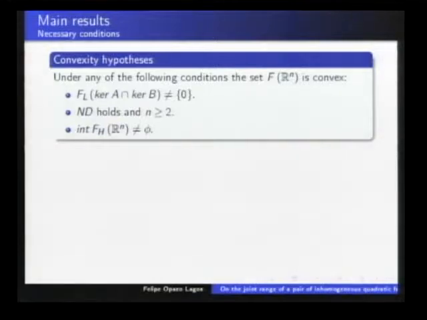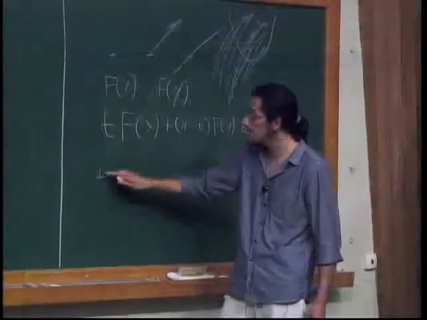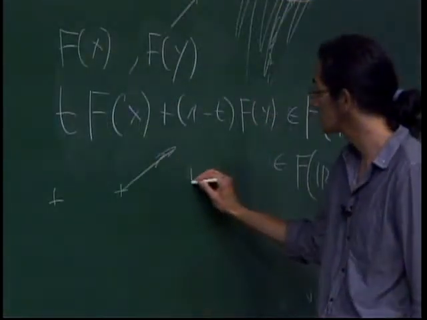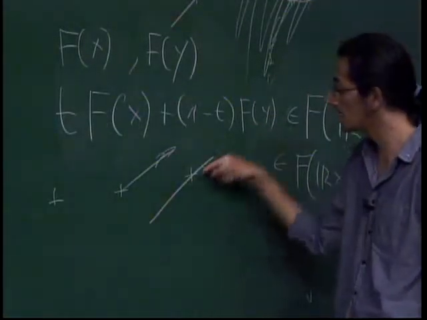Okay. These are very strong hypotheses, and in order to study when this set is not convex, we need to deny them, naturally. So this one, for example, gives us that the set can only have 3 forms: a trivial one, which is a point, a ray, or a half plane, or a half line.